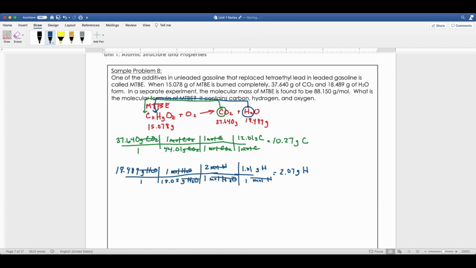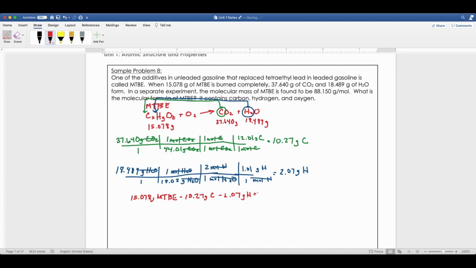Well, if the whole sample is 15.078 grams, we could figure out how much oxygen is in there just because I have these two values now. So 15.078 grams of MTBE minus 10.27 grams of carbon minus 2.07 grams of hydrogen.